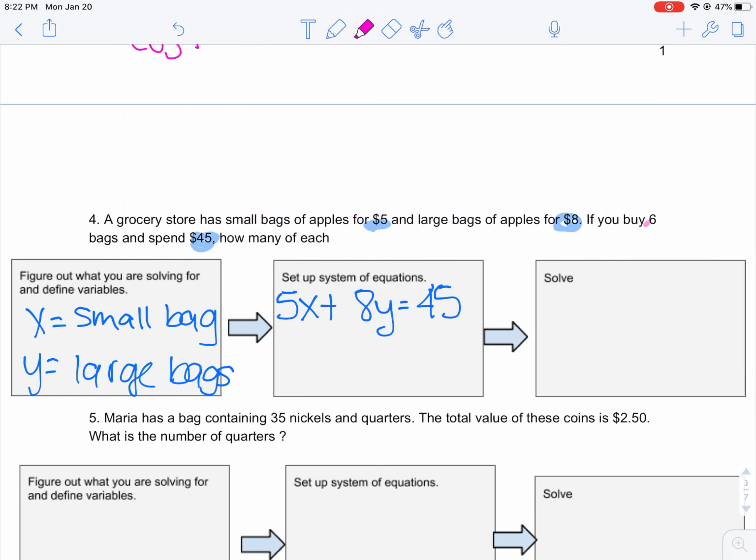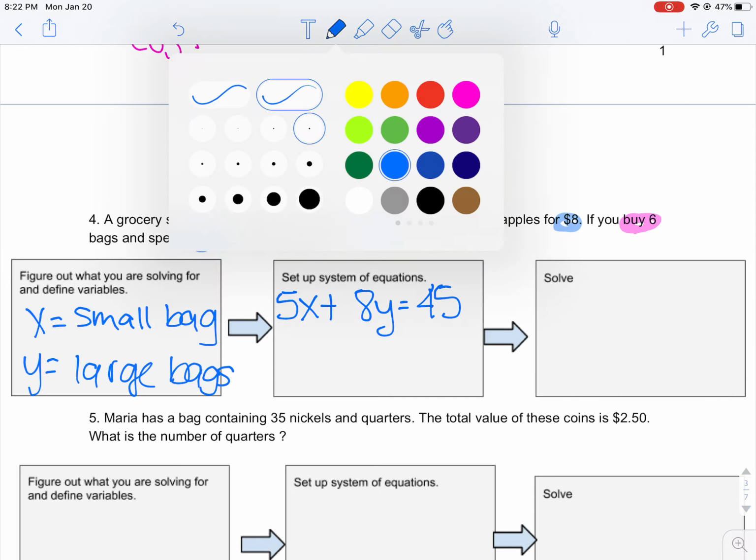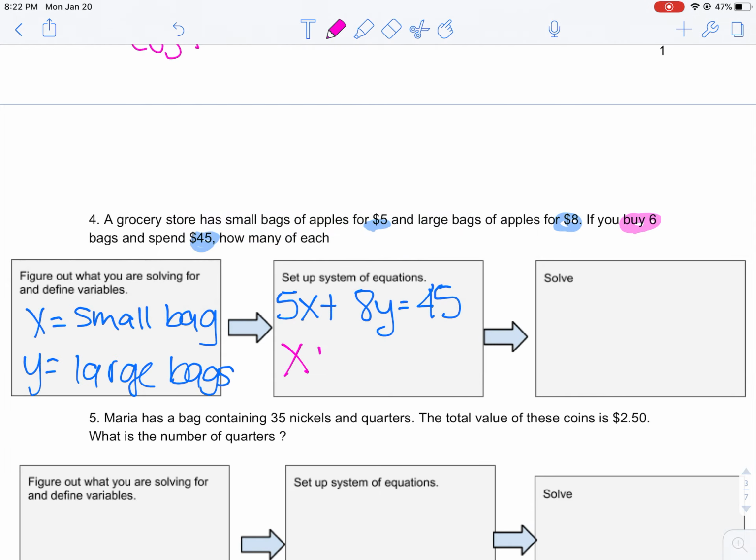Now my second equation just deals with however many bags of apples we buy, and that one said that we got 6 bags of apples. So however many small bags of apples plus however many large bags of apples should total to 6. So once again, this is set up for elimination.